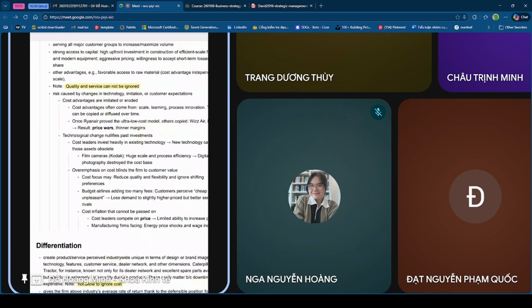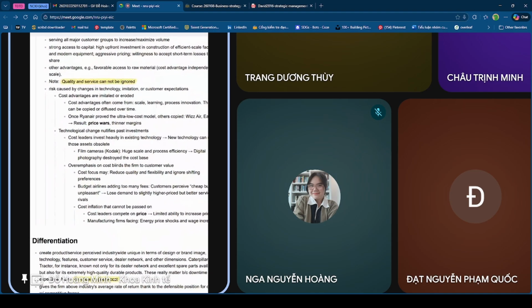Okay, and there are some risks associated with the cost advantage. First, the cost advantage can be easily imitated or eroded over time. Because the cost advantage is derived from your scale, or your learning, or your process innovation.